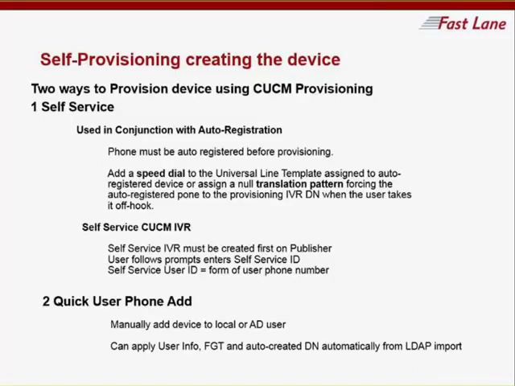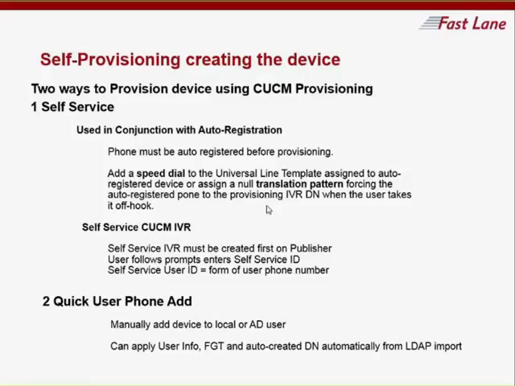Now, if that's too much effort for them, so to speak, what we could also do is, on the phone that gets auto-registered, create a speed dial that says self-service or self-provisioning, so they just press that. Or you could even set it up in such a way that they just lift the handset and it calls the IVR automatically.